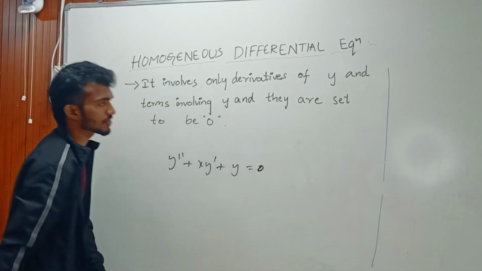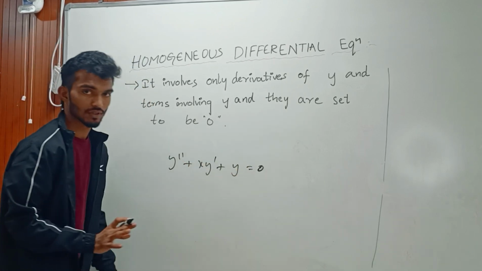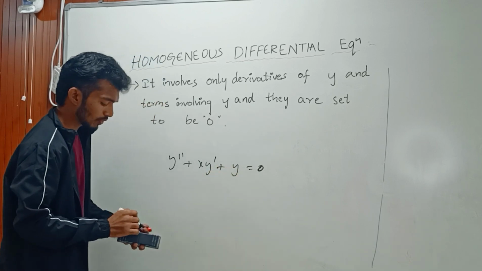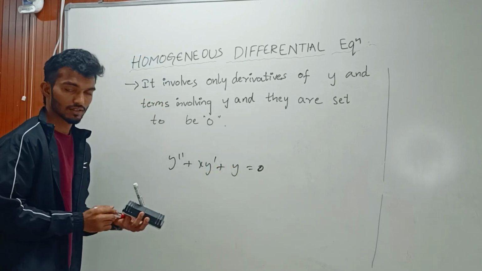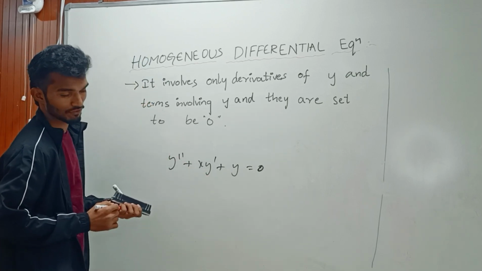It is a homogeneous differential equation because there is no term which does not consist of y. There are no terms other than y separately. So this is known as the ordinary homogeneous differential equation.